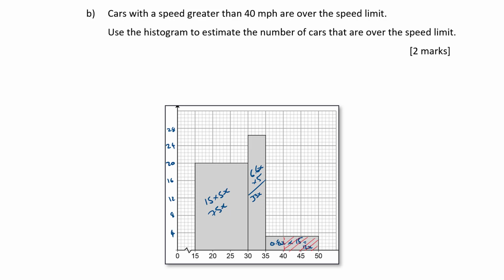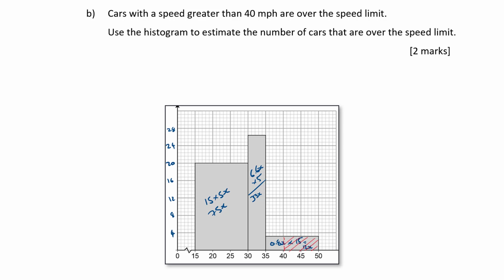So this is a little rectangle with a baseline between 40 and 50, so a base of 10, and a height of, well, each one of these on the scale is 4, aren't they? So we've got 4/5 of 4. So what's 4/5 of 4 then? Well, that's 16 over 5, which is like 3 1/5.